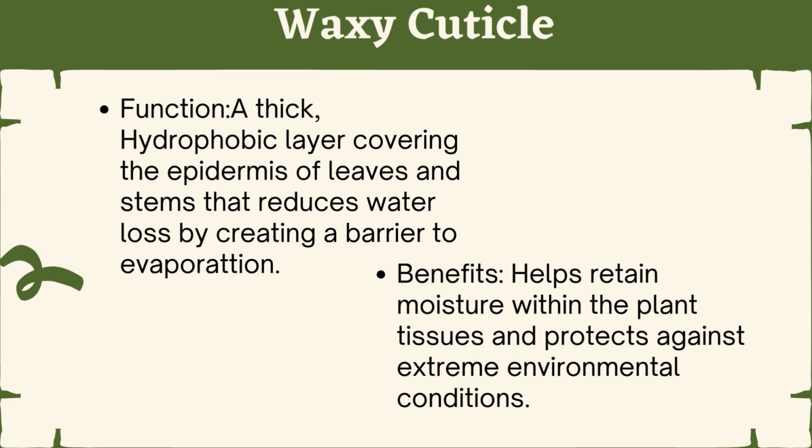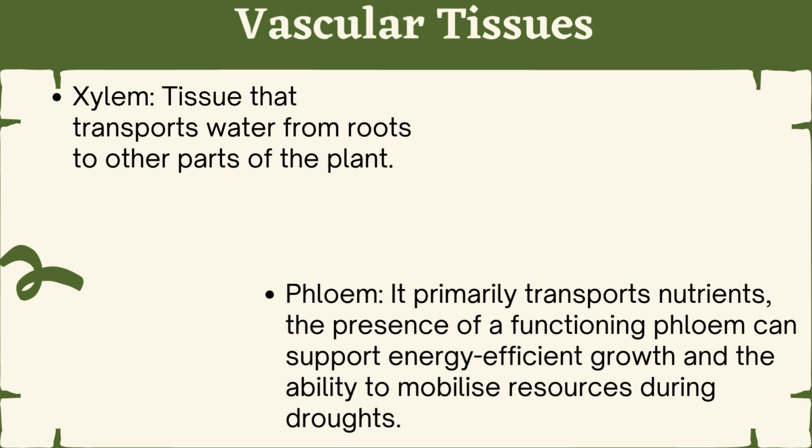What are vascular tissues? This is the xylem, the tissue that transports water from roots to other parts of the plant. Phloem primarily transports nutrients. The presence of a functioning phloem can support energy efficient growth and the ability to mobilize resources during droughts.